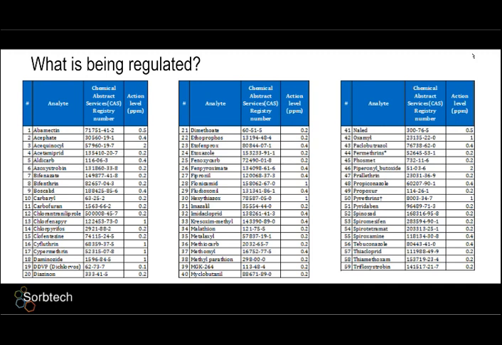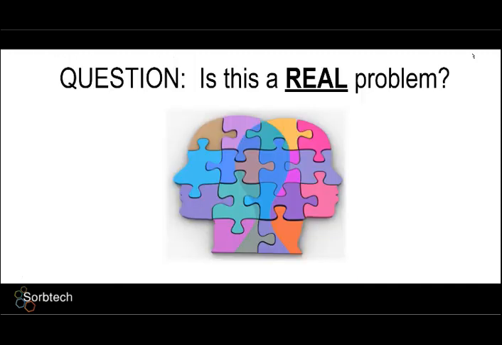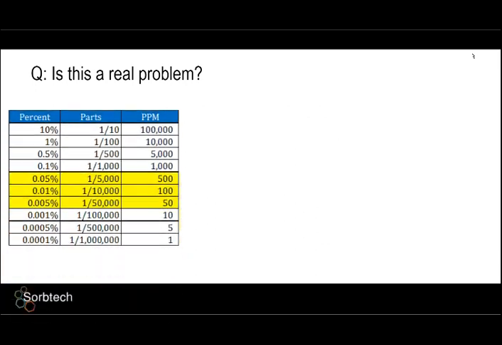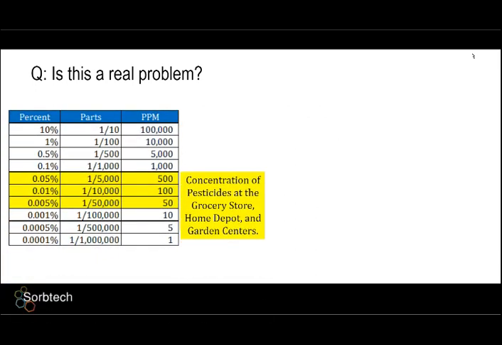Now, of course, a lot of people are probably saying, is this a real problem, or is this just bureaucrats inserting themselves into our lives? Well, if you look at the concentration of pesticides that you can buy at the grocery store, Home Depot, garden centers, wherever, that you use to spray if you get ants in your house or roaches or whatnot, you'll see that they're generally a maximum of 0.05%, which is 500 ppm.